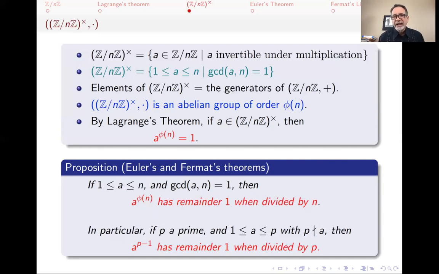Now, the only little thing that I should say is that in the way I've said it, I don't actually need to say a is between 1 and n in Euler's theorem, or a is between 1 and p in Fermat's theorem. That's not really necessary. Although, when you think of it in terms of group theory, you have to say that because you want a to be an element of these groups.